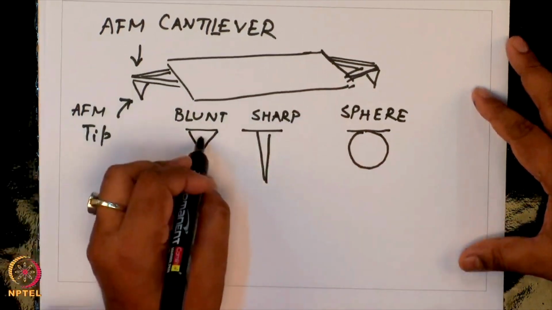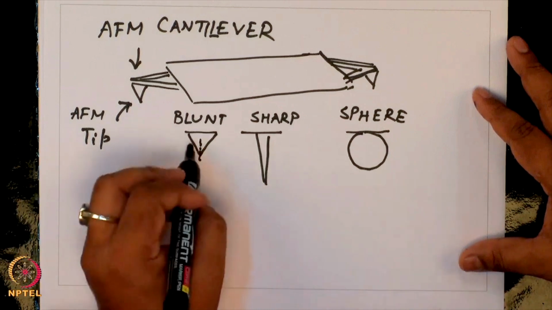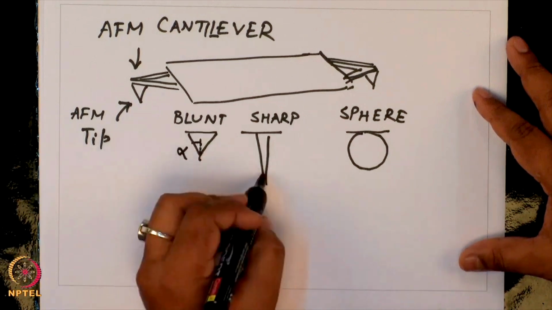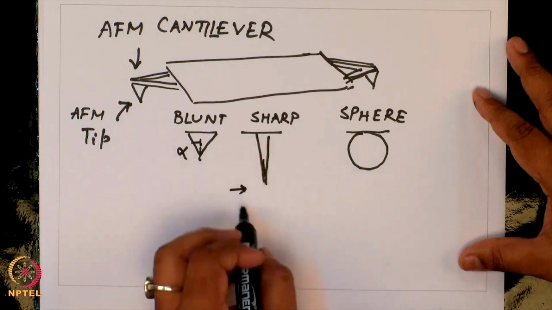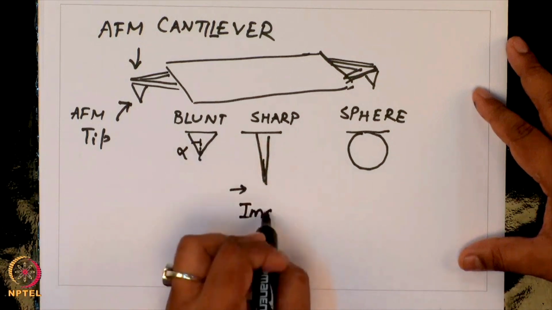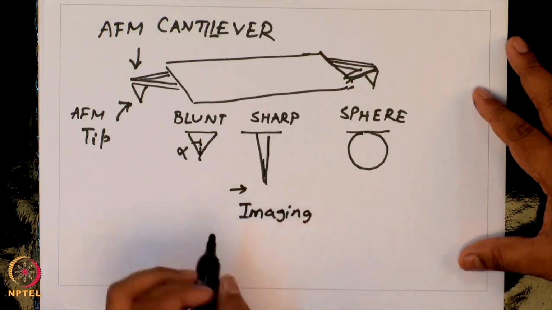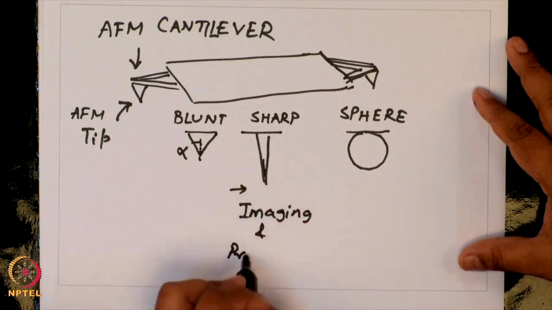So, among the other things what you have is the tip geometry. So, this half angle is different in these cases. So, this sharp tip is much preferred for imaging purposes as well as protein unfolding purposes.